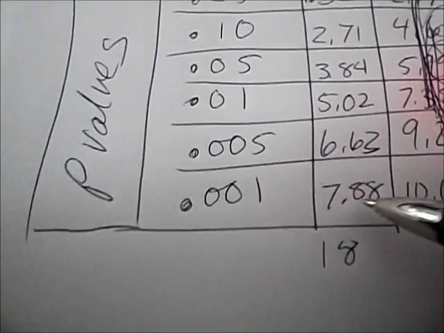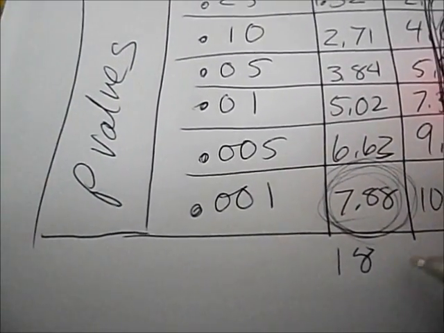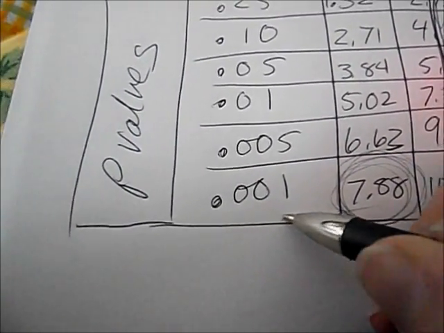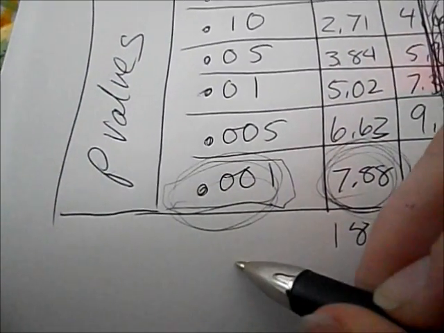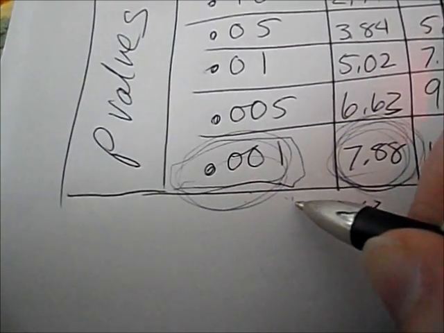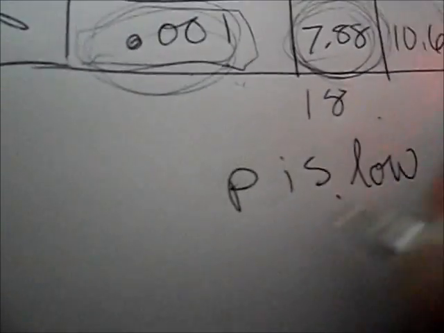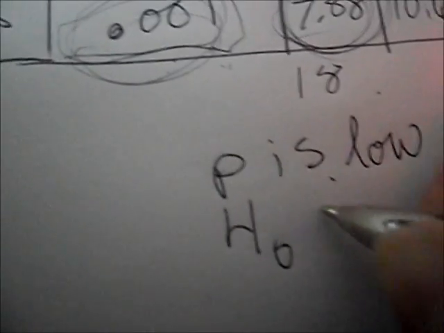So, since we had an 18 as our chi-squared value, it would fall somewhere below this. Somewhere below this chi-squared value, meaning that our p-value would be something smaller than that, right? Our p-value is less than 0.001. That's pretty significant. If p is low, H0 must go.